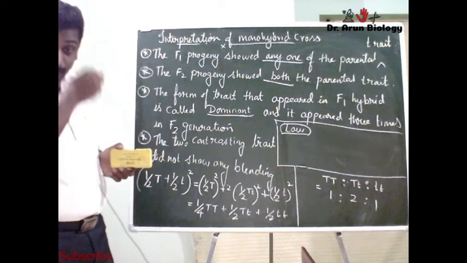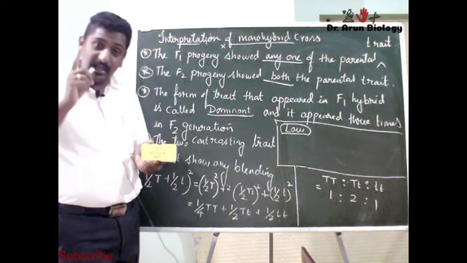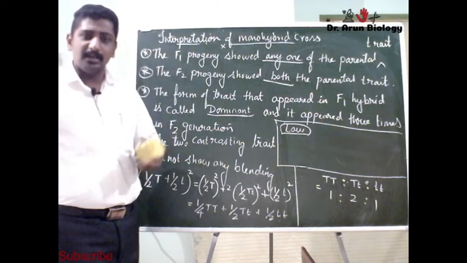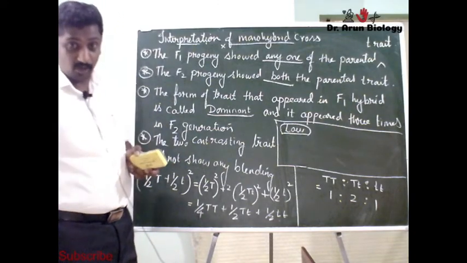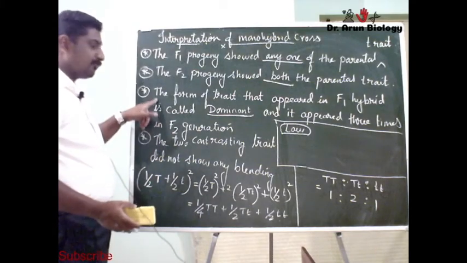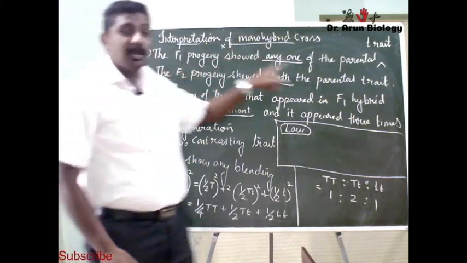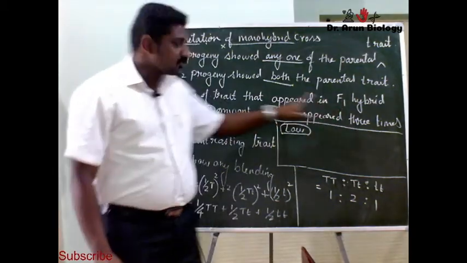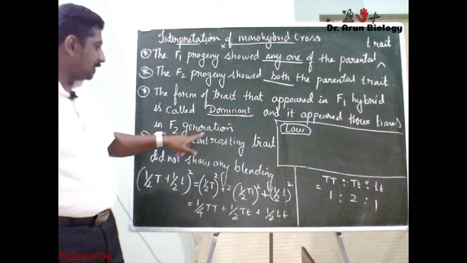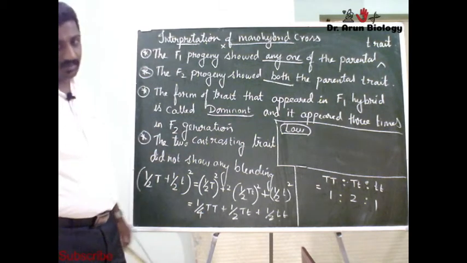So in exams, if the F1 progeny resembled any one of the parents, it is law of dominance. If it did not resemble both the parents, it is incomplete dominance. Your teacher taught you about incomplete dominance till now. The third point is the form of trait that appeared in F1 is called dominant. And how many times did it appear? It appeared 3 times in the F2 generation.